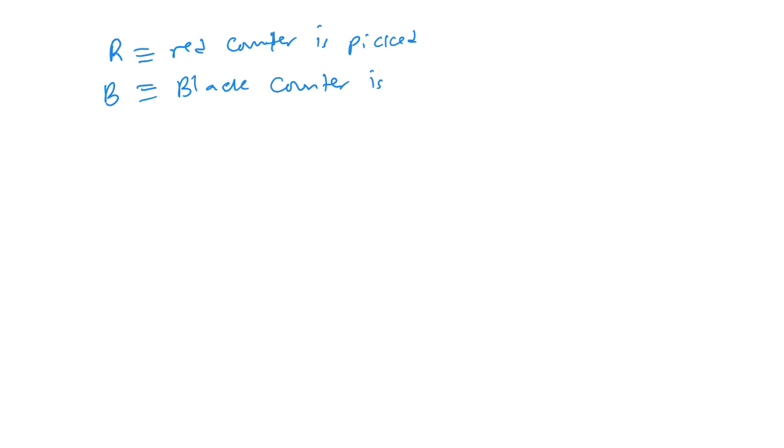To make our life simple, let's use R to stand for a red counter is picked. We use B, the other color is black, to stand for a black counter is picked.